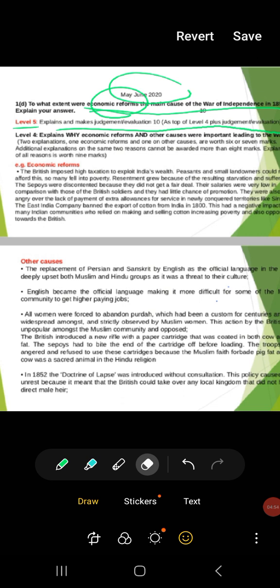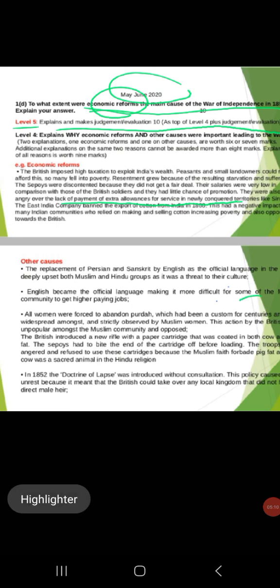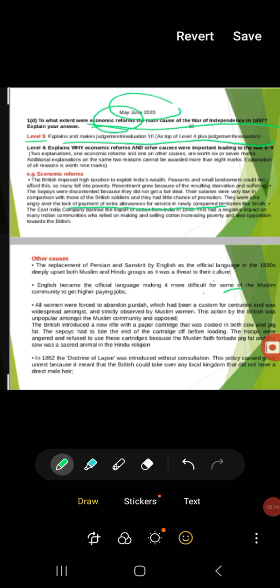They were also angry over the lack of payment of extra allowance for services in newly conquered territories like Sindh. And the East India Company banned the export of cotton from India in 1800. This is the third point.